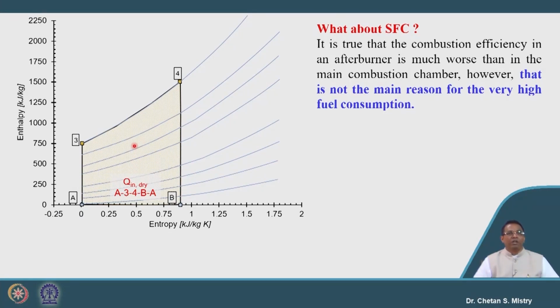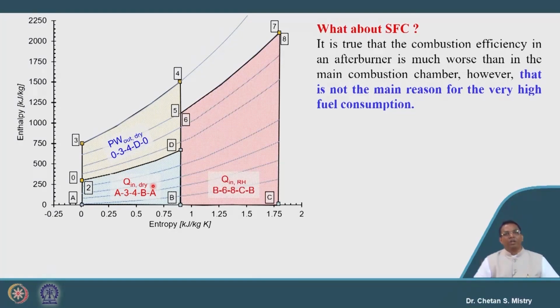If I put this line A34B, that is representing the amount of heat we are supplying, and here below this 2D, that is representing the amount of heat that will be rejected, and this is representing my work done.